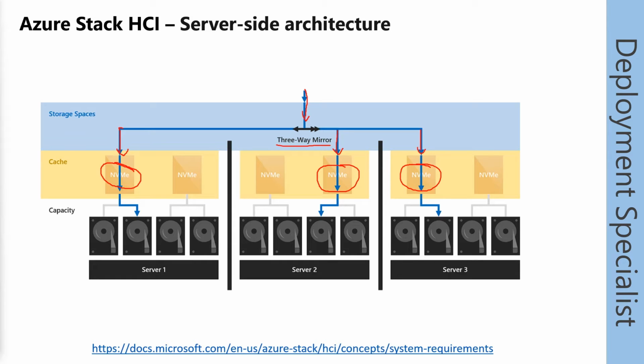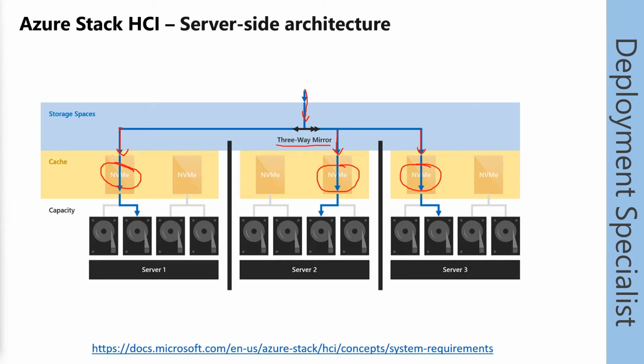And what's important to understand, storage spaces direct does not copy the files or the hard disk. Everything we store in storage spaces direct volumes is stored in 256 megabyte blocks, and these blocks are called slabs or extents.